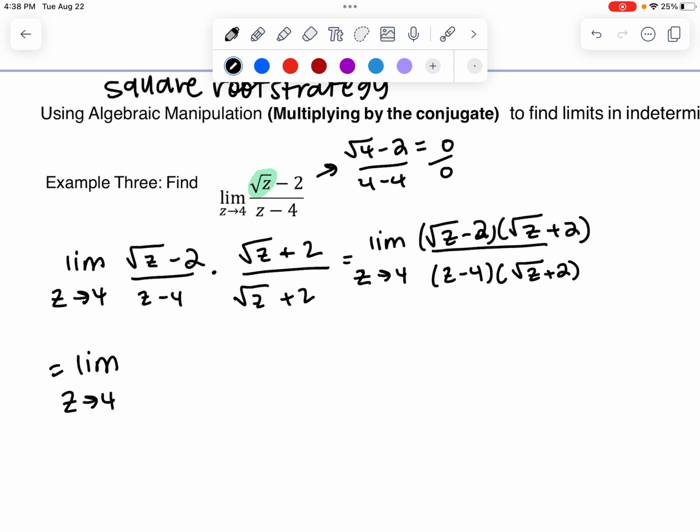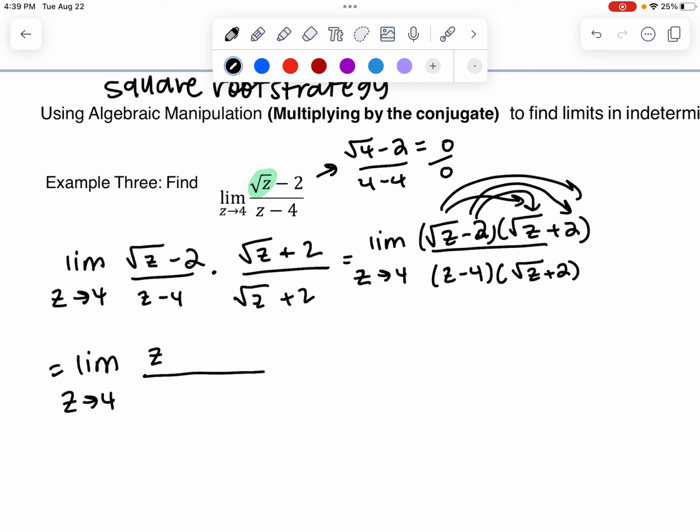And so I'm just basically foiling. I'm doing the square root of z times the square root of z, the square root of z times 2, negative 2 times the square root of z, and then negative 2 times 2. So I'm multiplying everything by everything. The square root of z times the square root of z is just z, because the square root of 4 times the square root of 4 would just be 4.